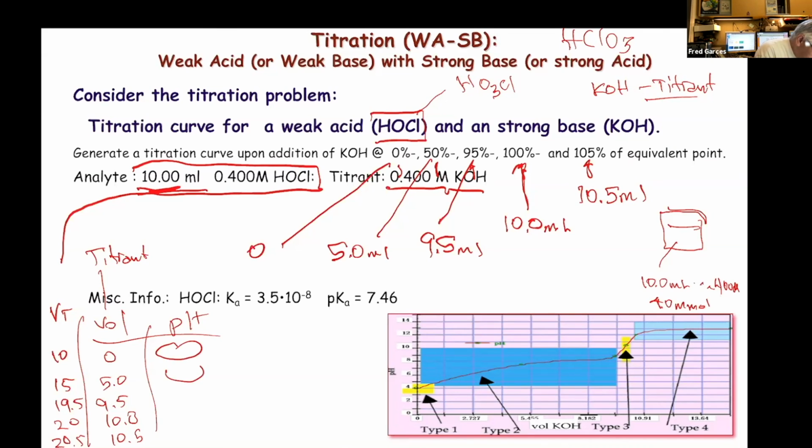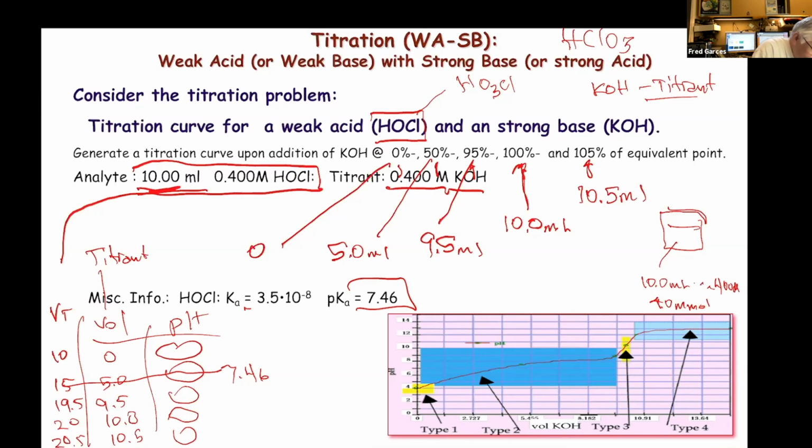This is our job, to calculate the pH of this. Okay, one thing you should know, this is a gimme. At 50%, pH equals pKa. 50%, that's this right here. I know the pH of that because I know that the pKa of this acid is 7.46. So that's going to be 7.46. I'm not even going to think about it. Why?